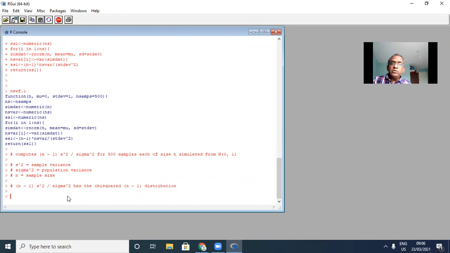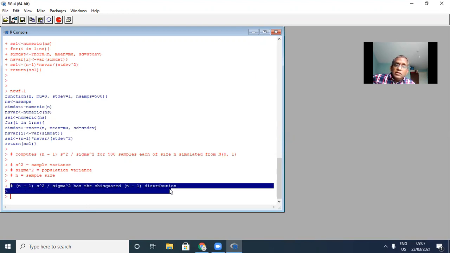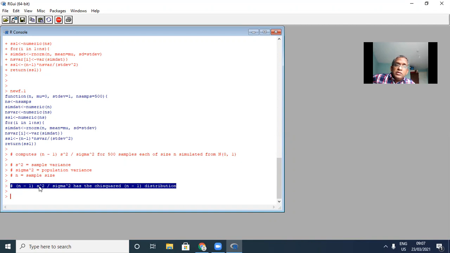This is a property I mentioned in the video on the chi-square distribution. If you don't remember this property, please go back and watch that video. Now I'm going to illustrate this fact, this theoretical result, using simulation.